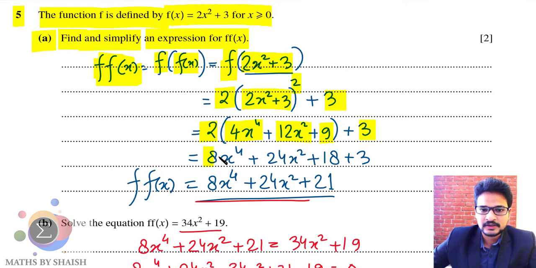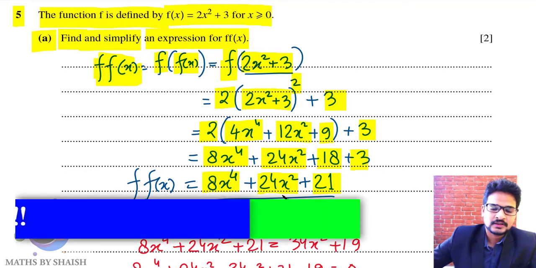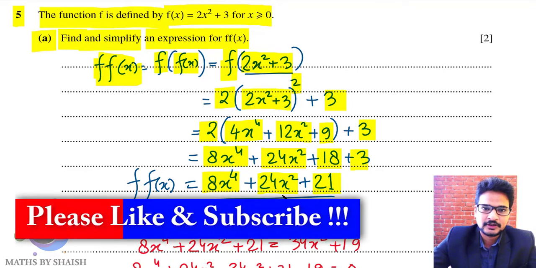Now when opened it is 8x to the power 4, 24x squared, and then 18 plus 3, and then we simplify: 8x to the power 4, 24x squared, plus 21. That's the biquadratic function now, and that's the expression for ff(x).